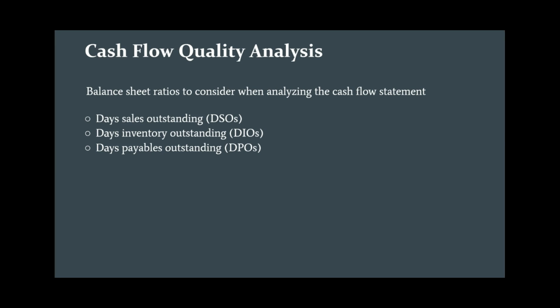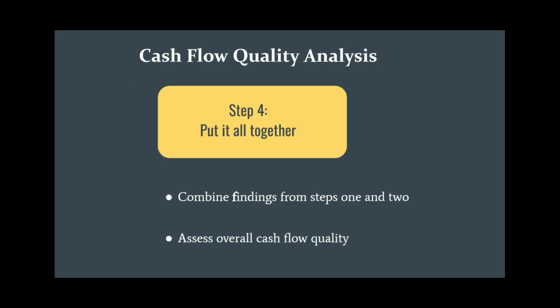And the final step for cash flow quality analysis is to put it all together. And this should actually say step 3, not step 4, as we skipped one step in the cash flow quality analysis, which was a common size analysis. So in the final step, you combine your findings from steps 1 and 2, and then you assess your overall cash flow quality, similar to how you assess your quality for the income statement, your earnings quality, and your balance sheet quality.